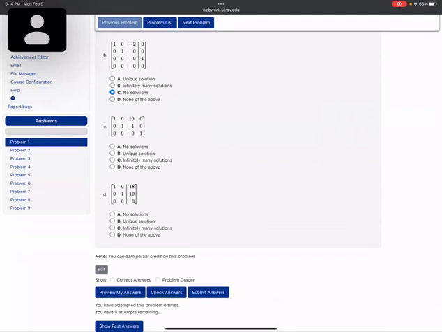And then they're very similar, right? So the third one will be no solutions, because that last line is 0 0 0 1. And then the D should be infinitely many solutions, because it's 0 0 0 in the last column.